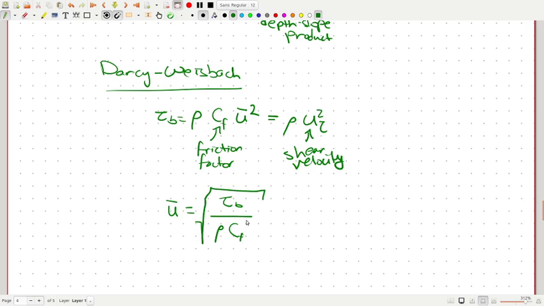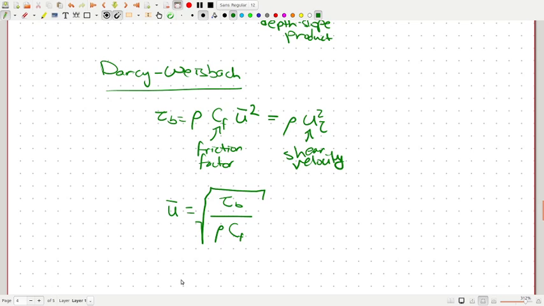And I'm going to take the square root of everything. And, like if we were being really formal about the mathematics, we'd say, plus or minus the square root. But this is physics. This isn't math. We know that these values are positive. There's a positive shear stress. Mass, the density is real. The friction factor is real. We could have a directional shear stress if that were going upstream. But we're just going to consider everything as positive scalars. And so we'll just keep this positive and keep it simple.